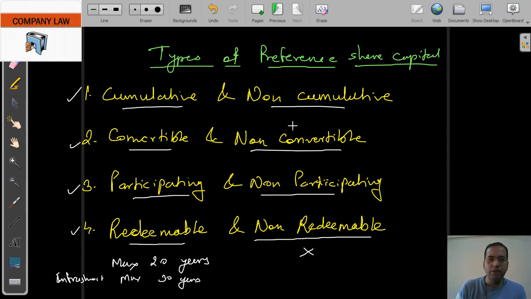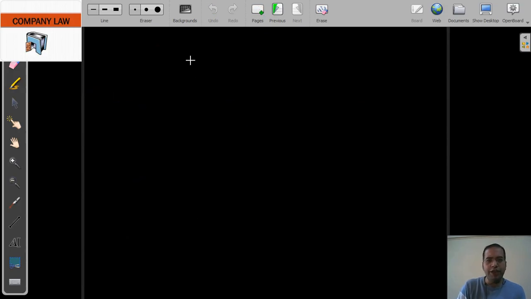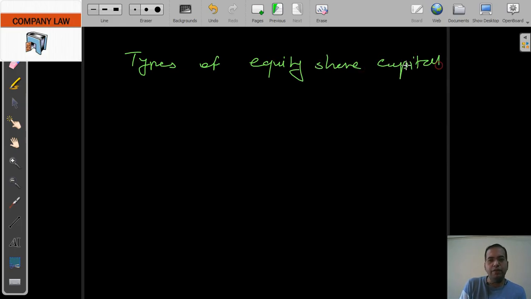So these are the types of preference share capital. Let's try to understand the types of equity share capital. Basically, equity shareholders enjoy all the rights. There can be two categories.